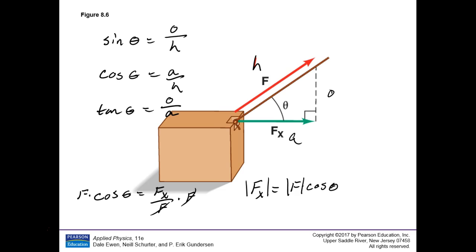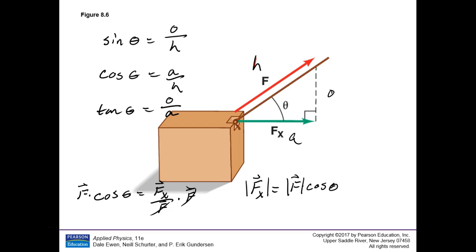That means they're vectors. I can't write bold, so I put the little arrow over it. If I were writing that correctly, then F sub x is equal to F cosine theta, because cosine theta is F sub x over F and you multiply both sides by F. We're not interested in the vector so much. We're interested in the magnitude of the vector, and that's what the bars stand for. That takes just the length of the vector, not the direction. But you have to deal with that.